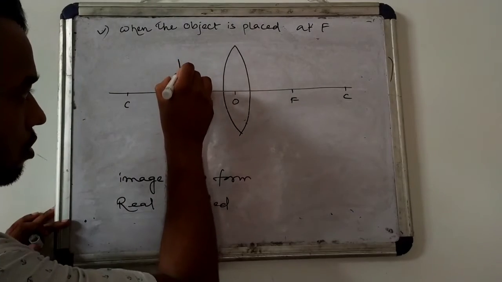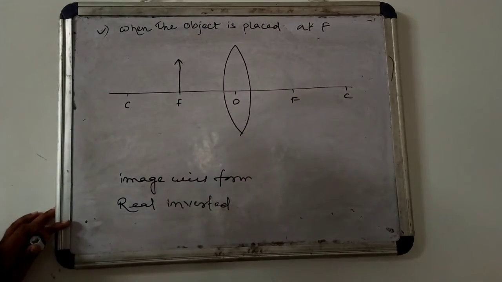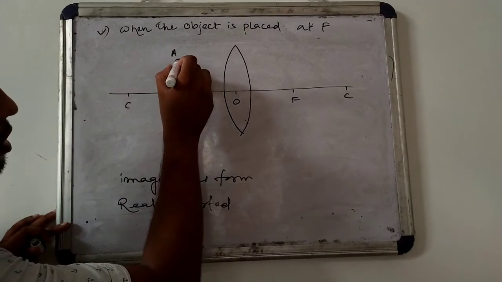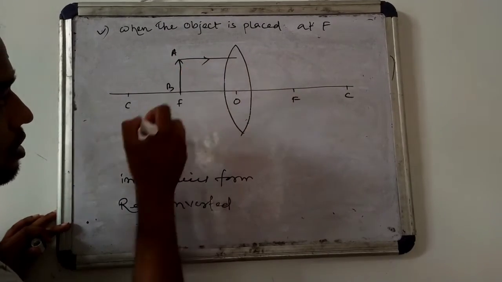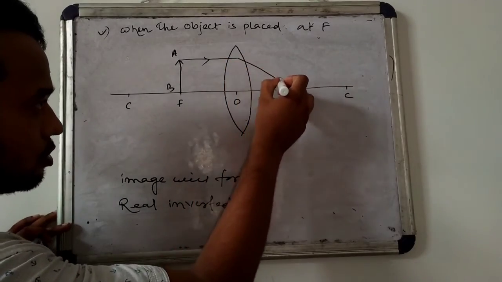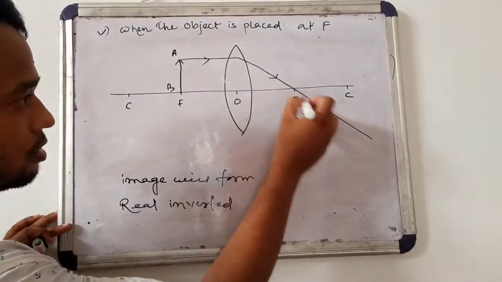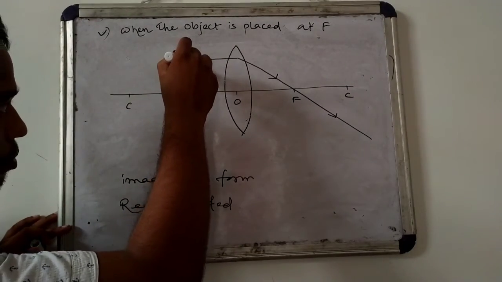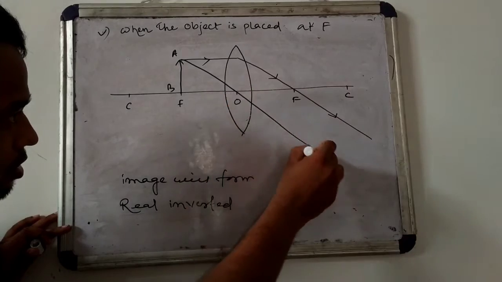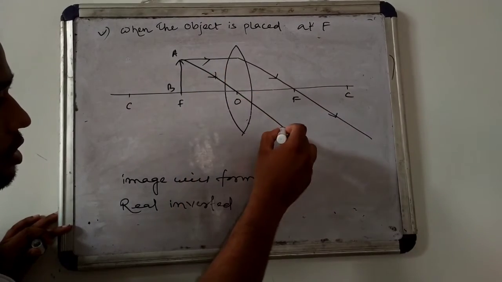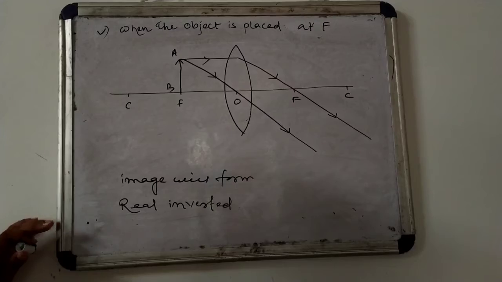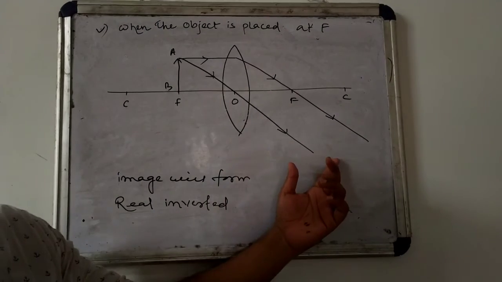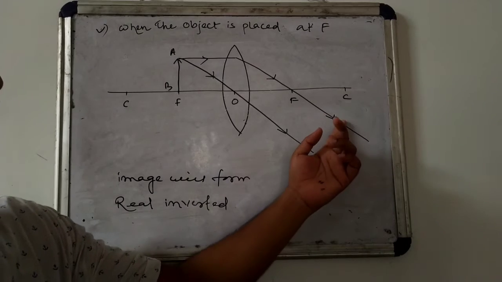Now I put this object at focus, A, B. So one ray which is parallel to the principal axis of the refraction, it will pass through the focus. Now another ray which will pass through the optical center, it will refract without changing its direction. So as we can see, these two refracted rays are parallel to each other.